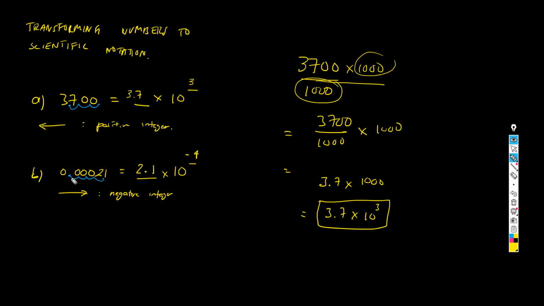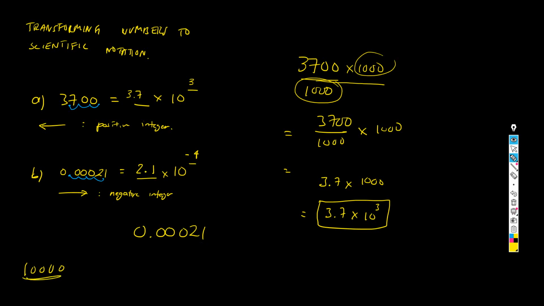You see? Now, what about this? 0.00021. If we multiply this number by a power of 10, which is in this case 10,000, then the decimal will be displaced 4 places to the right.